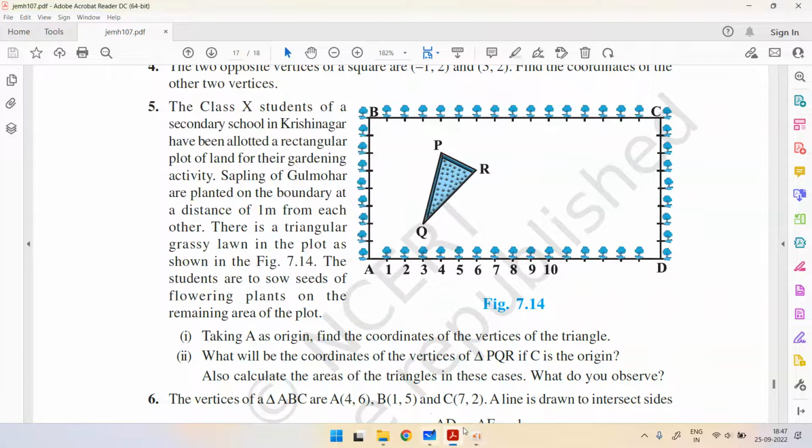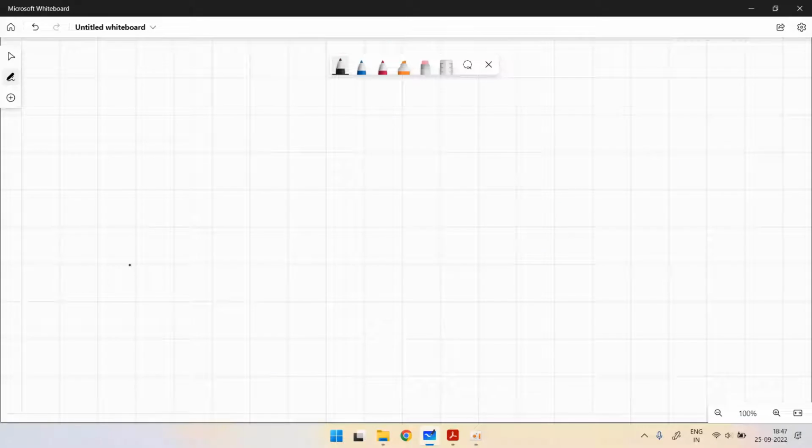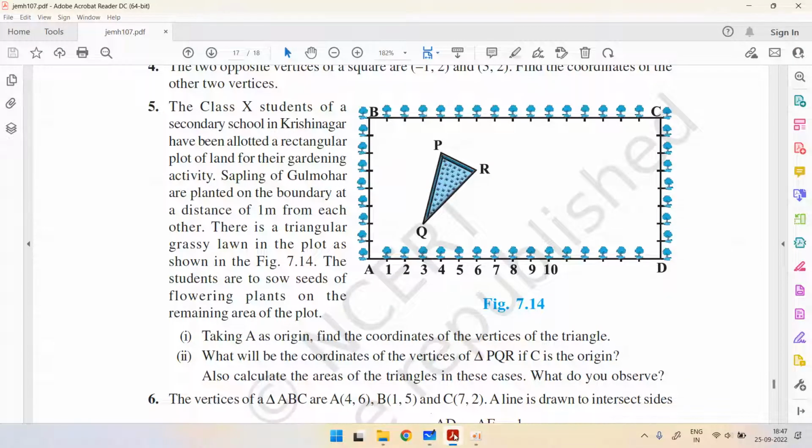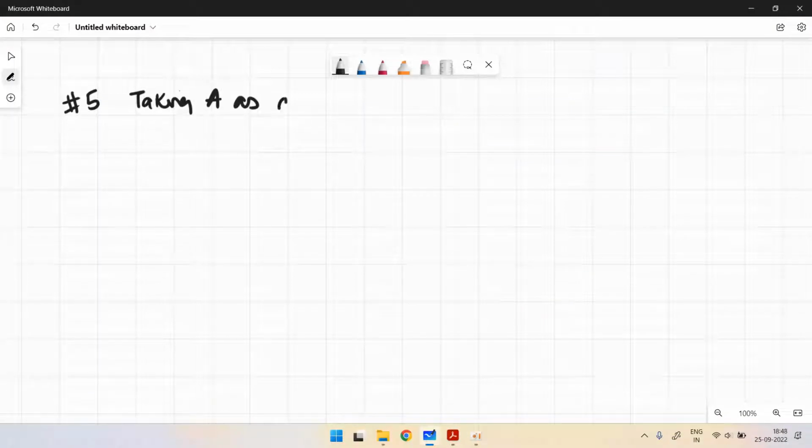Question number 5. If I take A as origin, the first case I'm taking A as origin.